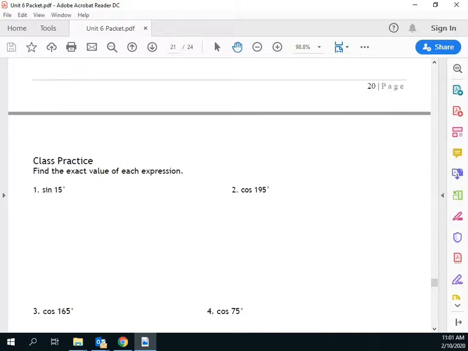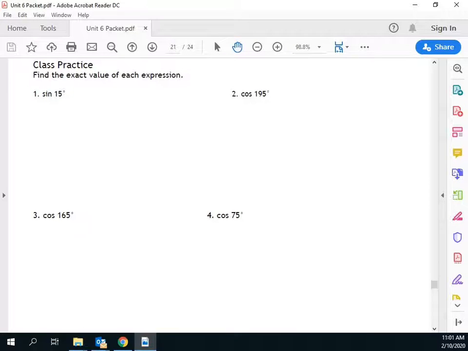All right, on to class practice. All right, front column, do number 1 and number 5 only. We don't do more or less. Second column, 2 and 6 only, not more or less. Third column, do 3 and 7 only. Fourth column, do 4 and 8 only.